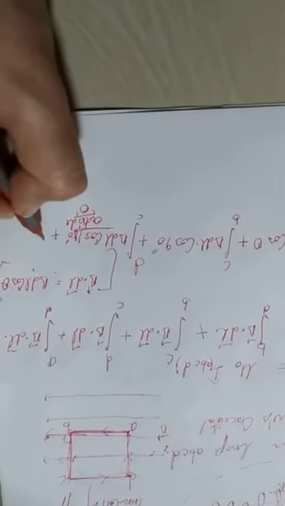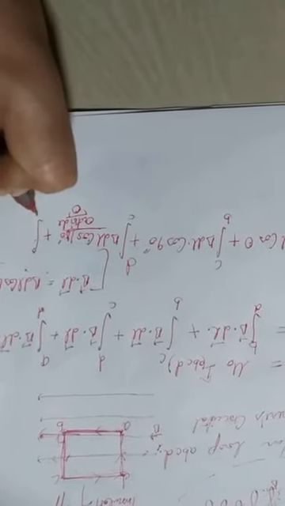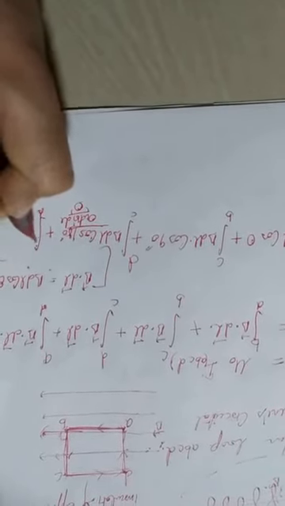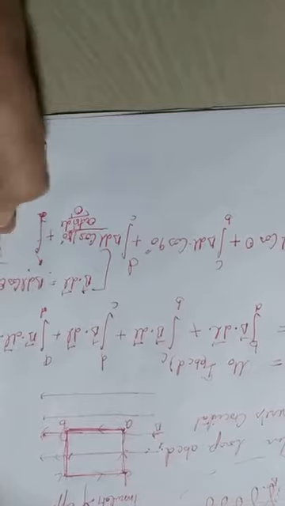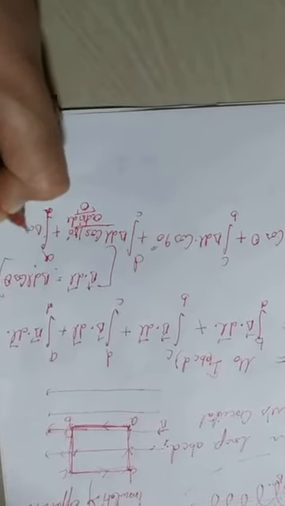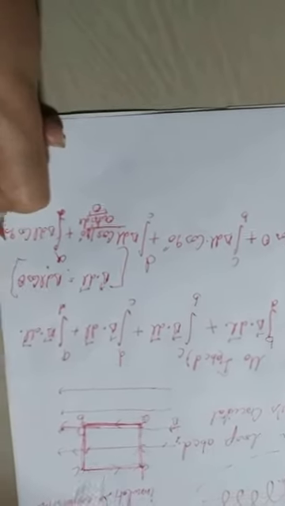Next, along D to A, there also it is B dl cos 90 degrees. Why 90 degrees?